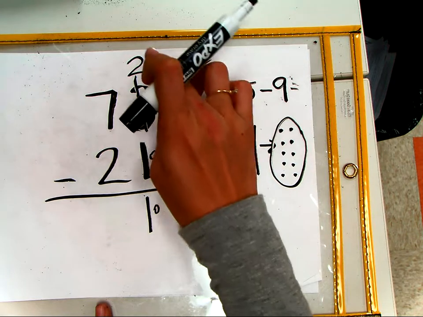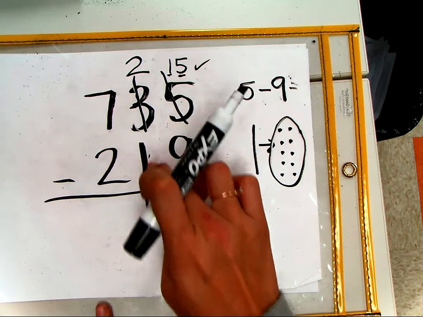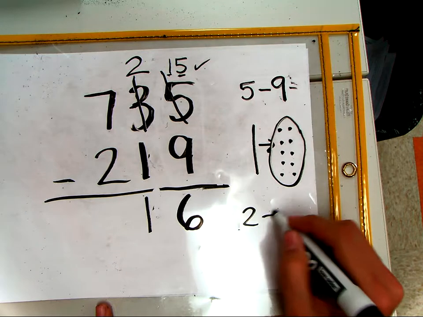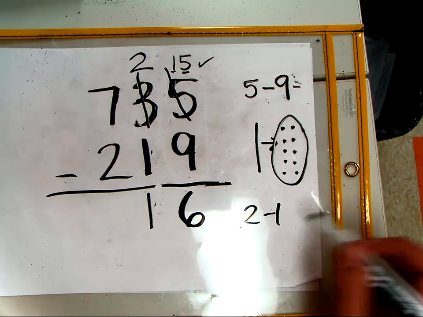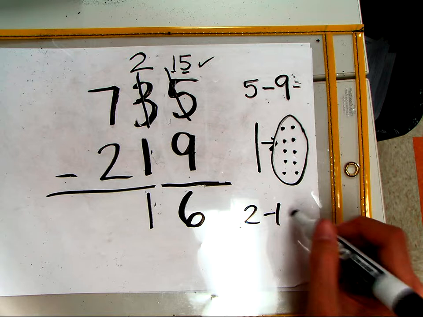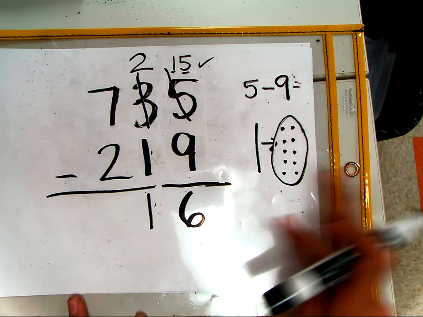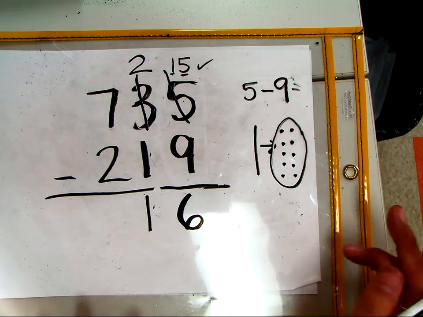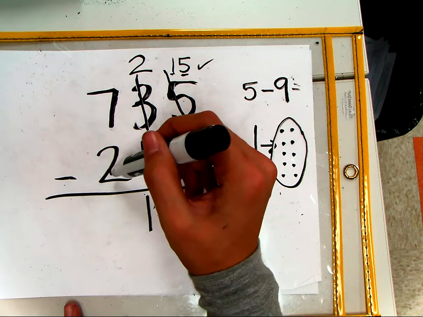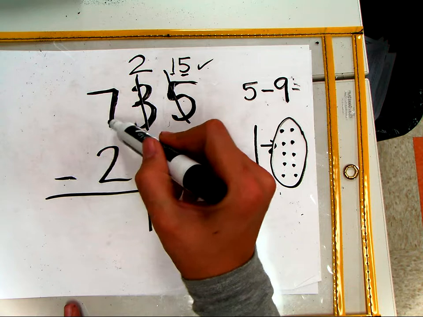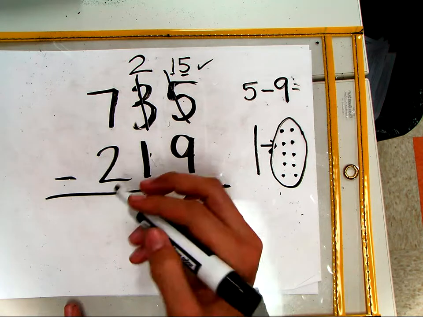Same thing, students can think about this as 2 minus 1, but they need to say 2 tens minus 1 group of 10 is 10, or 20 minus 10 is 10. We want them using the correct vocabulary. When I go to the hundreds place, 700 minus 200 is 500.